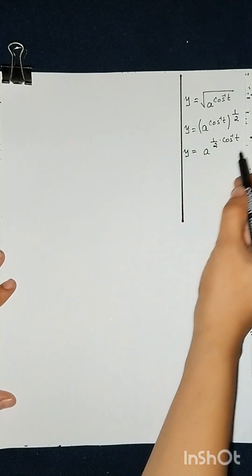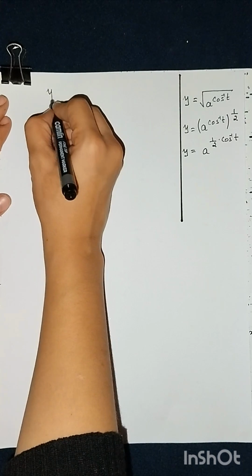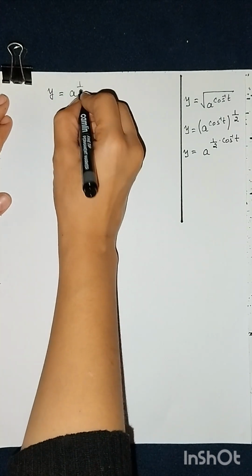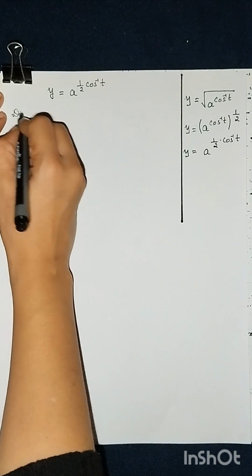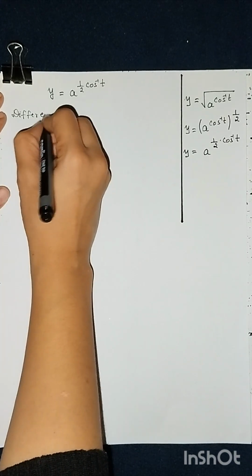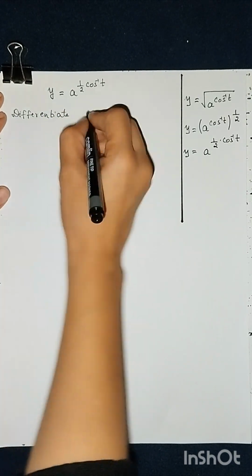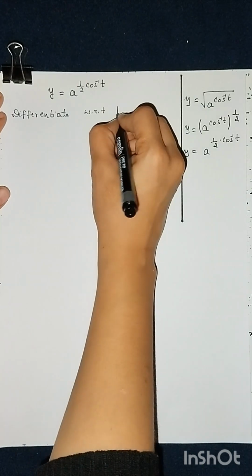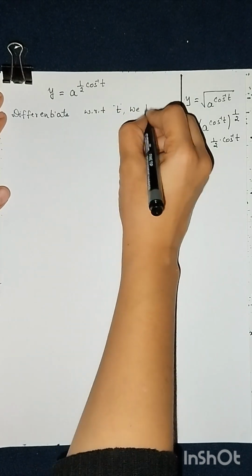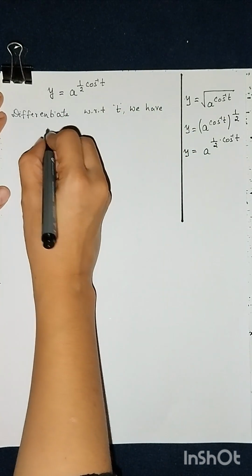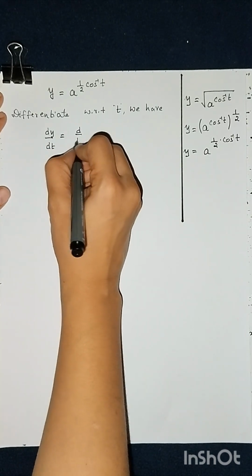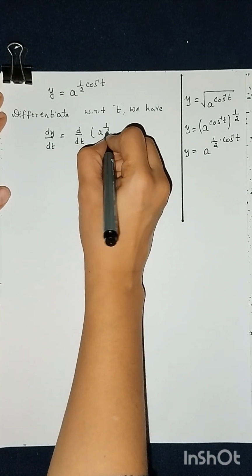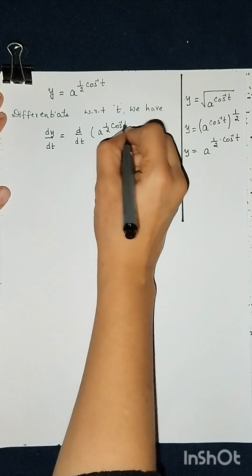So now we will differentiate this. So y is equal to a to the power 1 by 2 cos inverse t. So we will differentiate with respect to t. We have dy by dt is equal to d by dt of a to the power 1 by 2 cos inverse t.